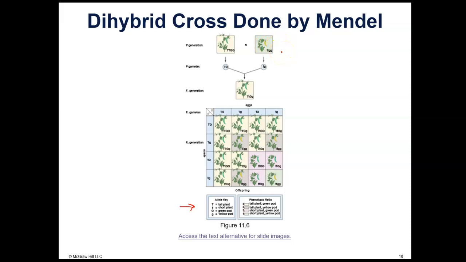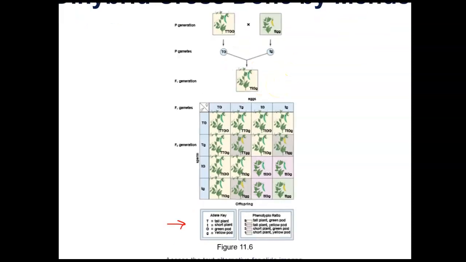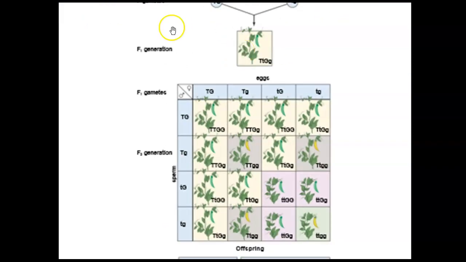Okay, so in the F1 generation, all the F1s are heterozygous, big T, little t, big G, little g. So all of the F1s are heterozygous, but they're tall with green pods, because they're heterozygous and the dominant trait is the one that shows up.